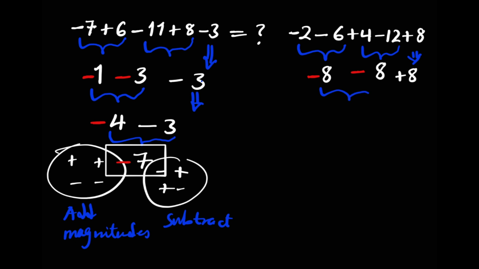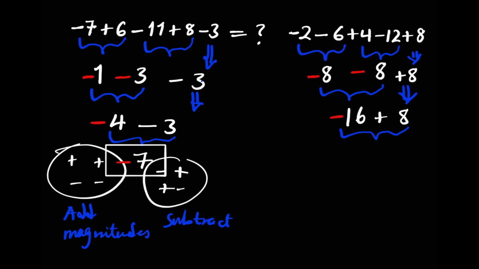Again, we have two pairs that have the same sign. Let's add the magnitudes and then maintain the sign. 8 plus 8 is 16. We maintain a negative sign. Again, we bring down the plus 8. Now, we have a case where the signs are different.